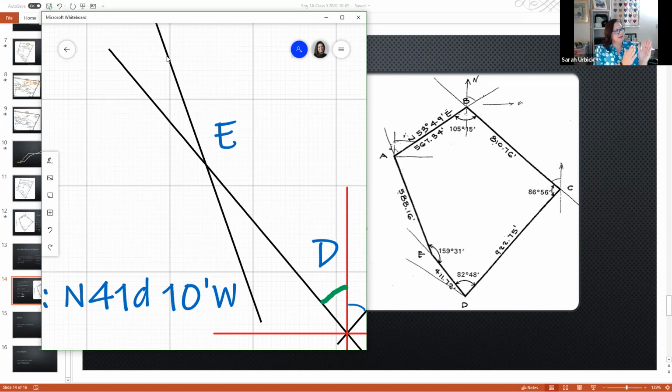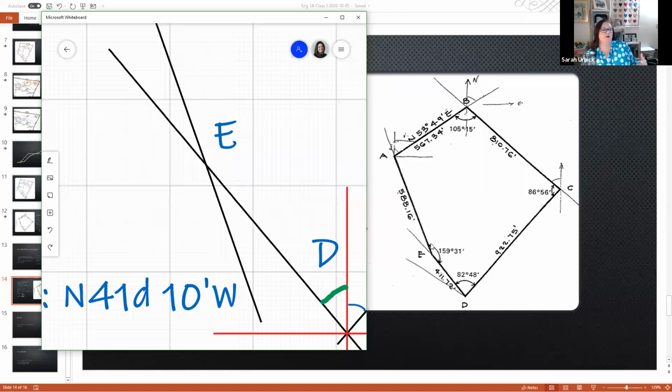But it's so close when you look at this line here, if that's not drawn to scale, it's close enough that it might go either way. So that's where drawing these out really comes in handy. Getting that sketch helps you visualize it so you know, am I in the right quadrant? Am I in the right area?